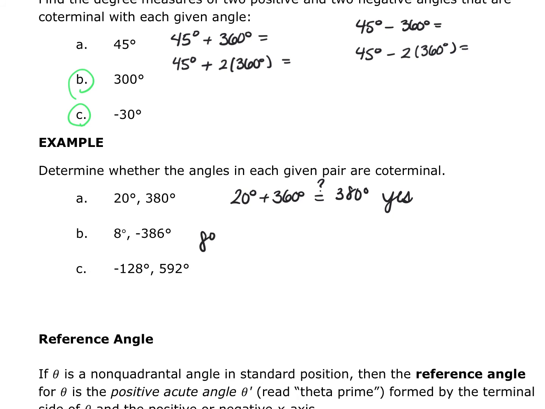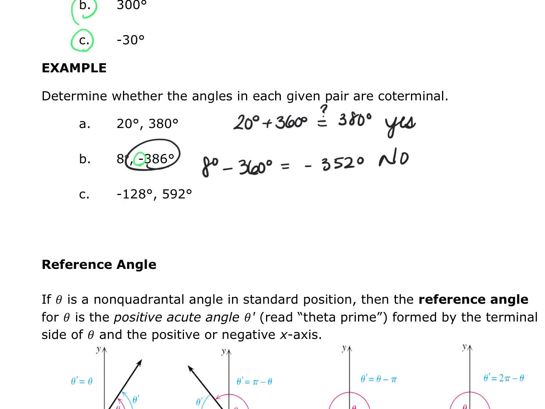Next, 8 degrees, and notice this is a negative angle, so I'm going to subtract off 360 degrees. 8 minus 360 degrees is negative 352. This is not this number, so the answer is no. Remember, coterminal angles have to be 360 degrees or 2 pi away from each other, or multiples thereof.